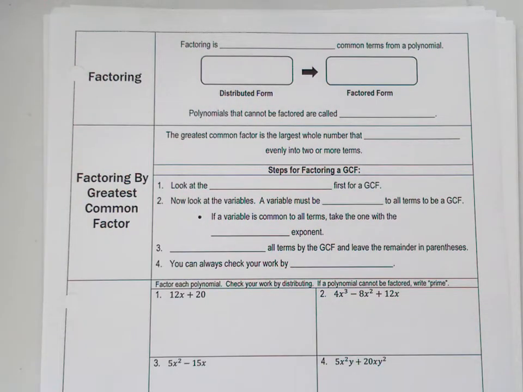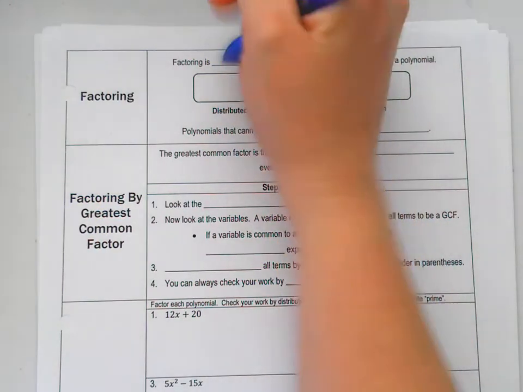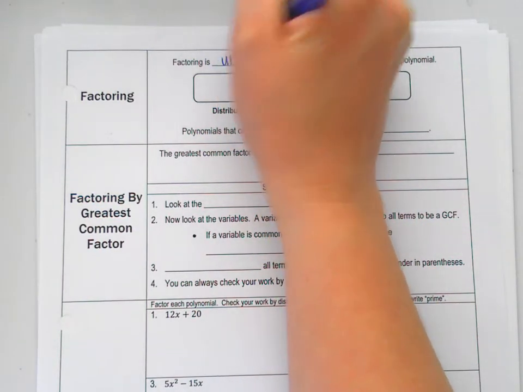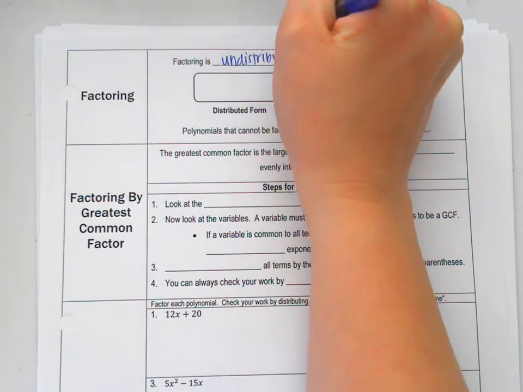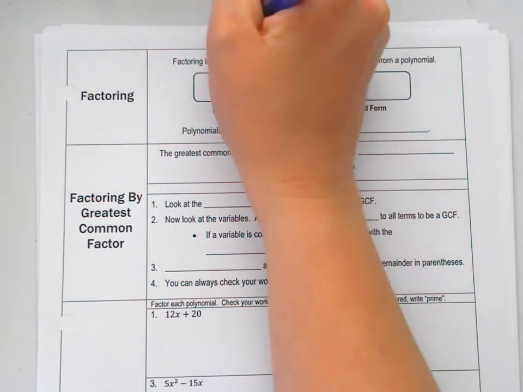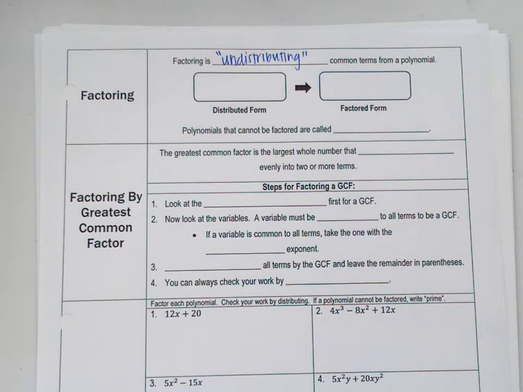What is factoring? Factoring is undistributing. I don't know if that's a technical term, but that's the term we're going to use. Factoring is basically taking something that's common from all of the terms, pulling it out, and leaving what's left inside parentheses.